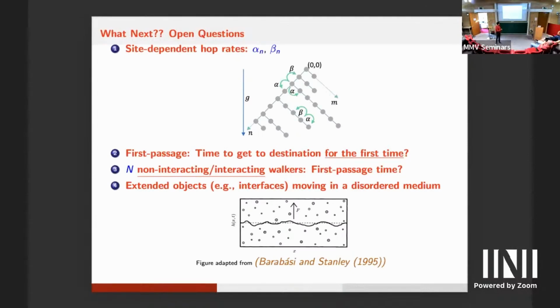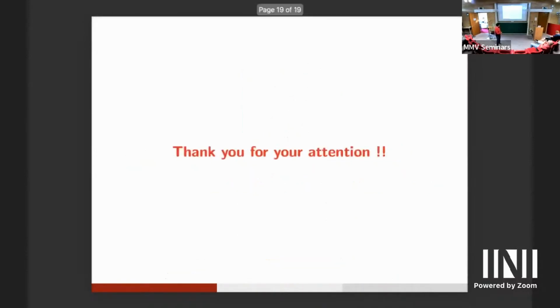For example, I could ask how the velocity of this interface behaves as a function of the forcing field. That is another thing worth looking at. And maybe we can discuss now. That is all that I had, we can talk about more.